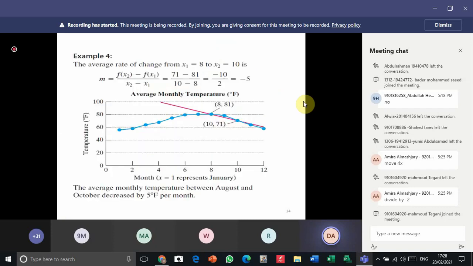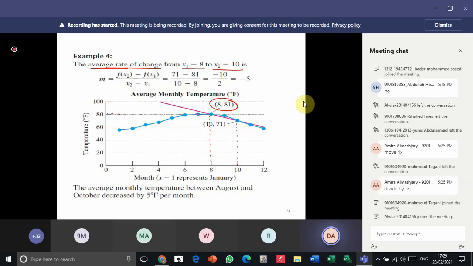Okay, an example about this. We need to find the average rate of change for x1 and x2, and we have the graph. At x1 equal 8, the first point is (8, 81). And at x2, x equals 10, we have the value of y, 71.